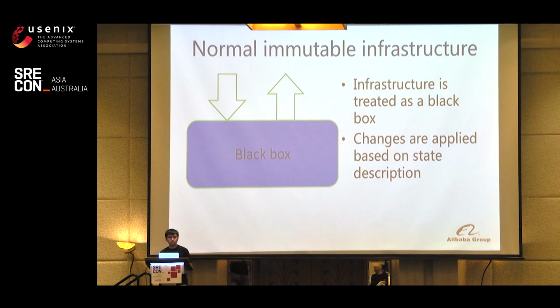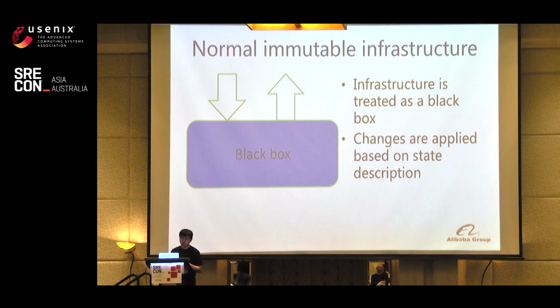When we talk about immutable infrastructure, especially these days, we are talking about Docker and the virtualization world. Actually, we already have some practice in the open source world for immutable infrastructure. Immutable infrastructure is treated like a black box. The user never knows what happens in the black box.